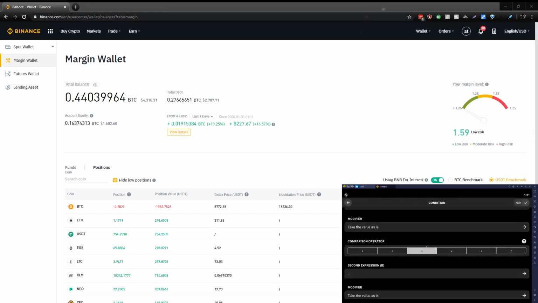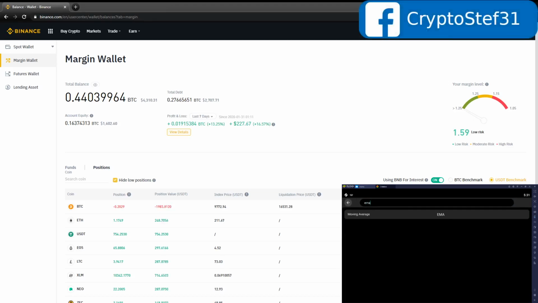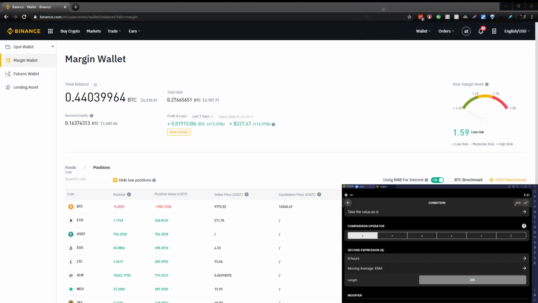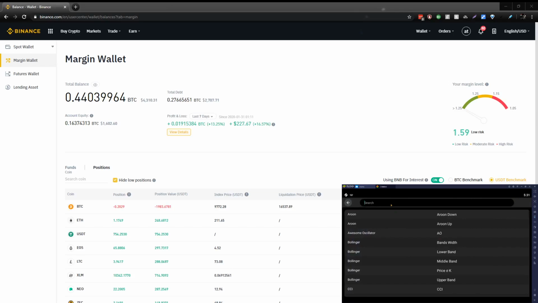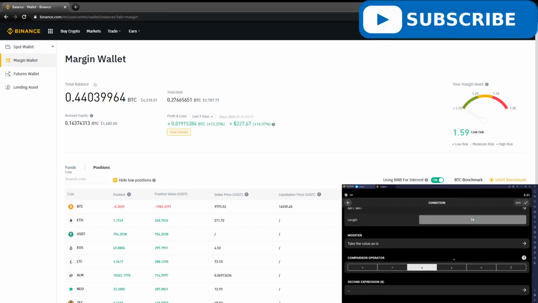Let's say you want to be above the EMA 200, or the 99 which Binance uses, and you can use the MFI for oversold bounces.